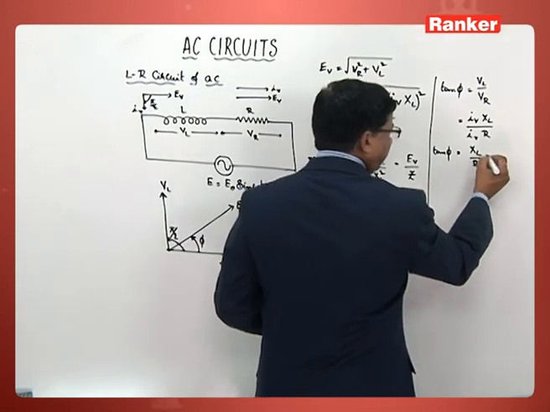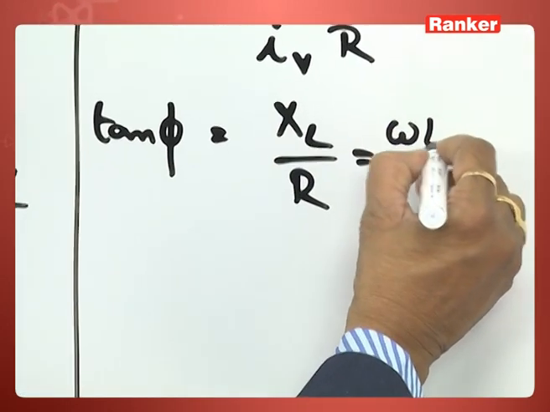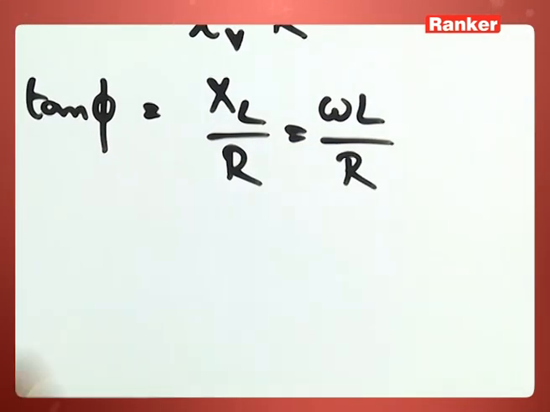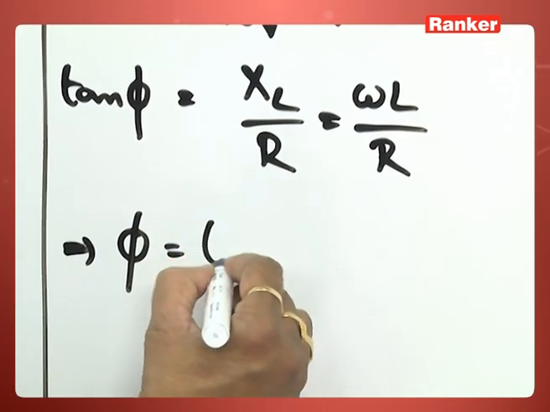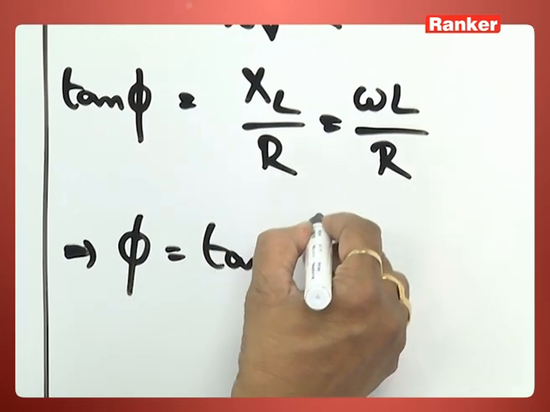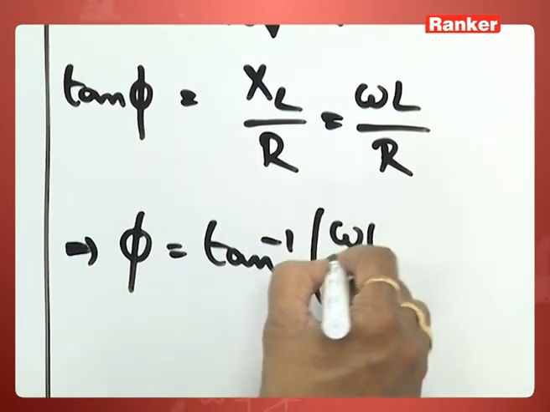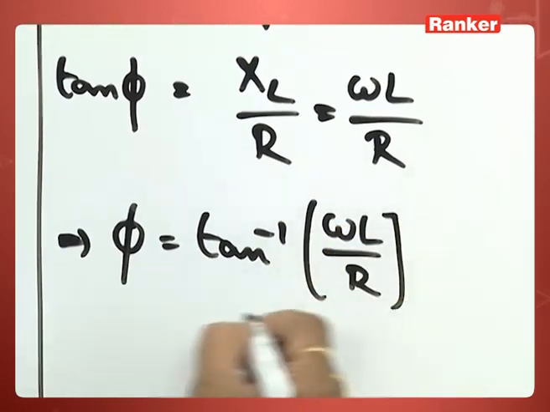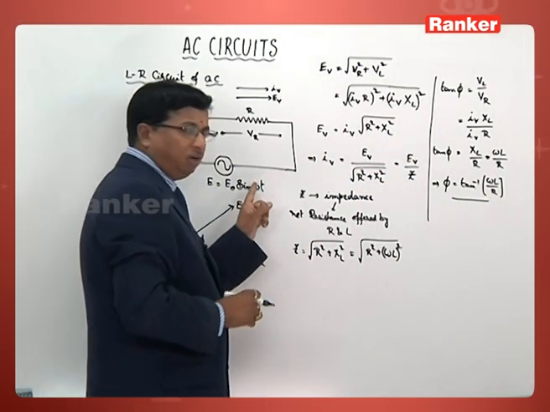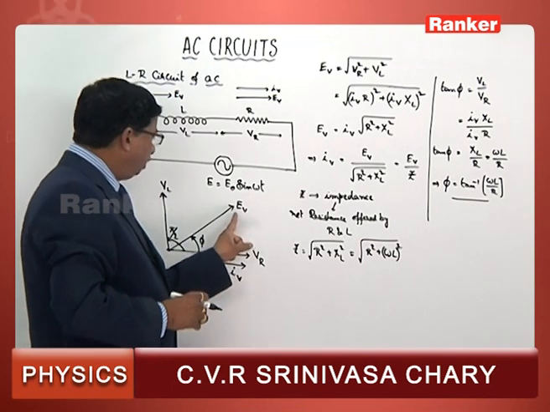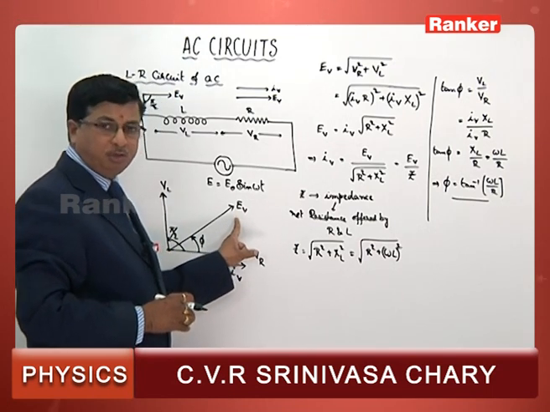What is this XL again? It is omega L by R. Therefrom you can rewrite it as phi is equal to tan inverse omega L by R. This is the equation one should remember to know the angle made by this virtual value of EMF with the direction of VR.